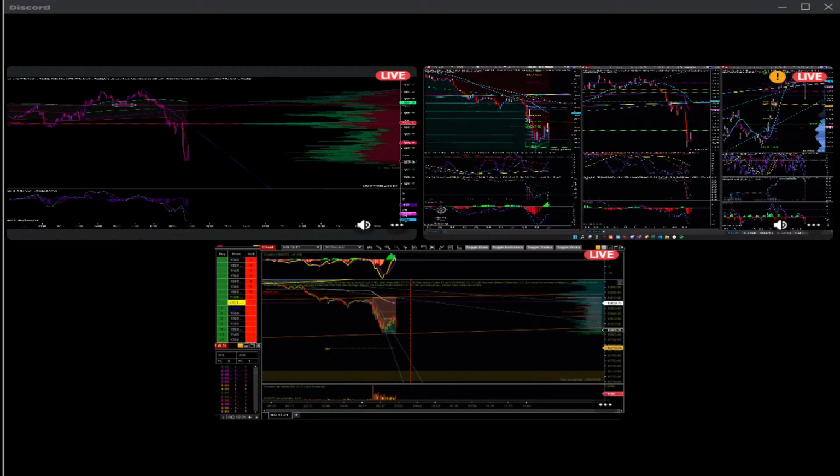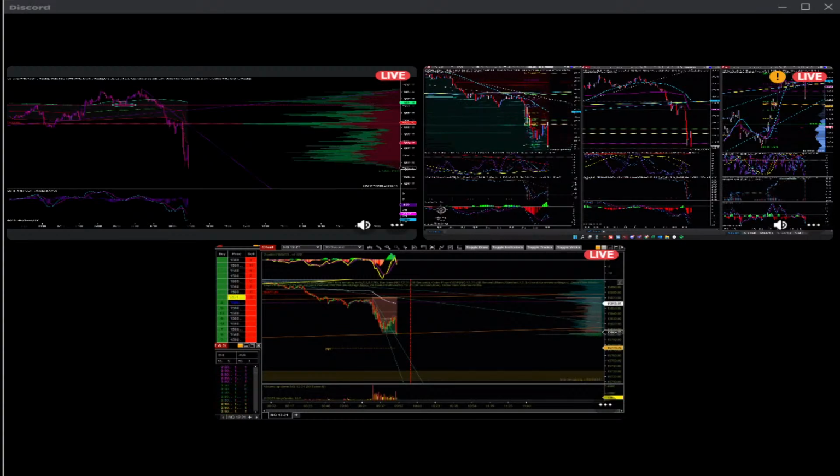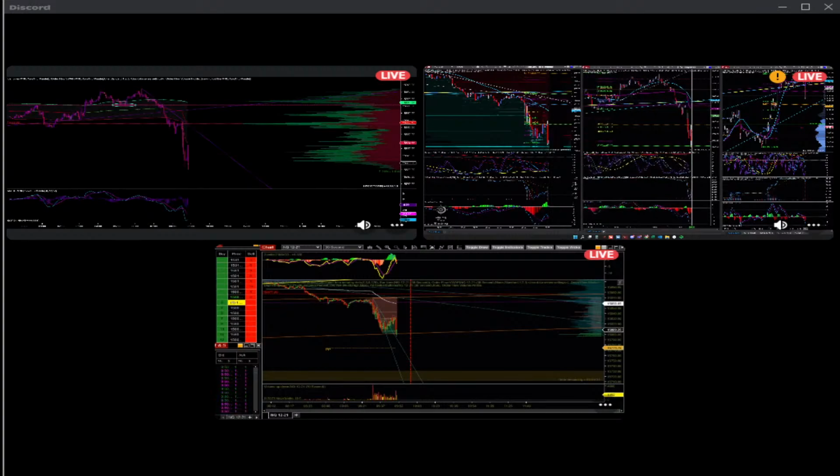Now it appears that woke up. Jeez. No kidding, sure did. I like this from a 1 minute divergence perspective. I'm gonna give this bounce a try here.